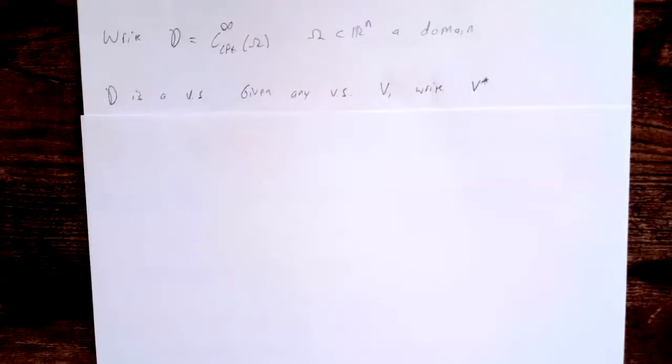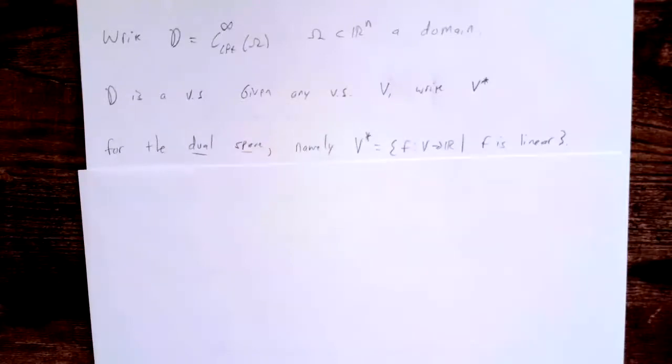More generally, given any vector space V, I'm going to define the dual space denoted by V star. Given any vector space V, the dual space is as follows. It's the collection of all functions from the given vector space to the real numbers that are linear.